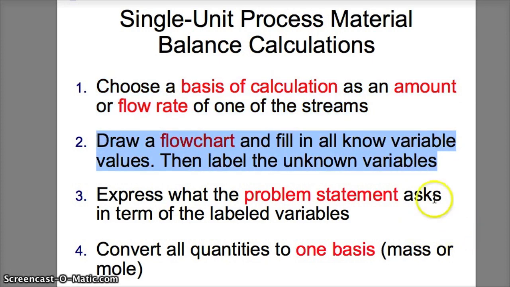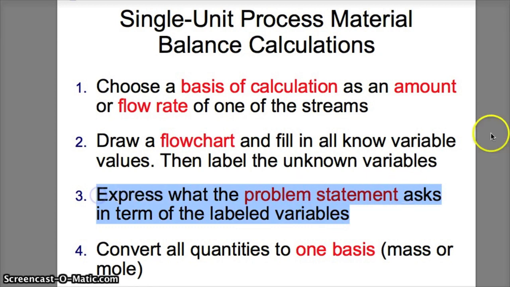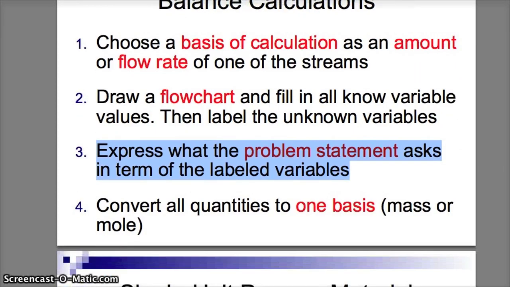Then you label the unknown variables, such as the mass flow rate of the incoming water, the outflow rate, and sometimes they give you the accumulation. The third one is to express what the problem statement asks in terms of the labeled variables. And then, as I said before, convert all quantities to one basis, mass or mole.